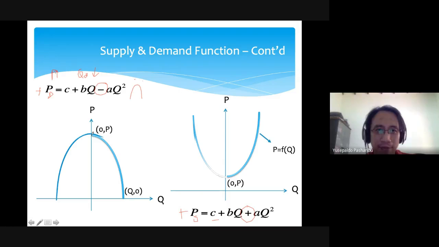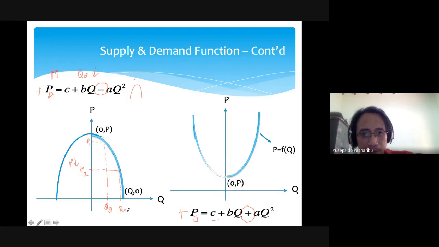See. For example, if we have P1, this is P1, the quantity demanded will be at this number. But if the price decreases, becoming P2, look. The quantity demanded becomes this one, Q2, higher than Q1. That means this must be the demand function.